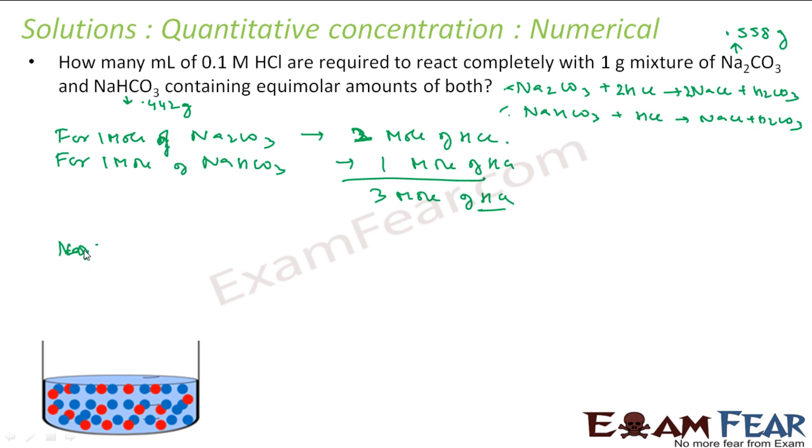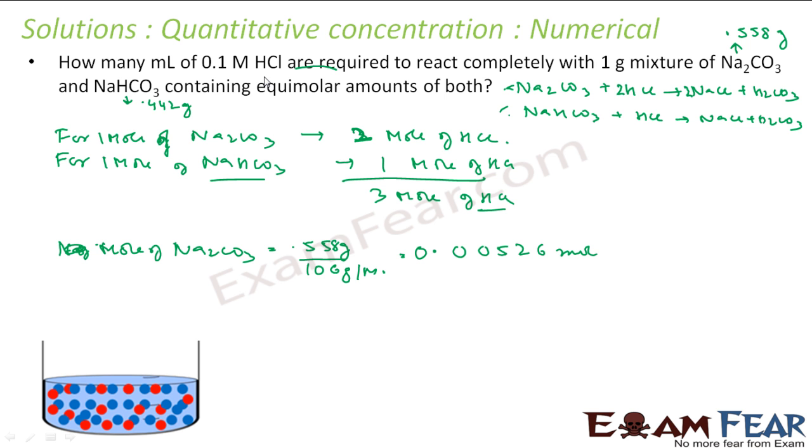Number of moles of Na2CO3 is mass of Na2CO3, that is 0.558 gram, by the molar mass we just found, 106 gram per mole. That is nothing but 0.00526 moles of Na2CO3. Similarly, we have the same moles of NaHCO3 because it's equimolar.